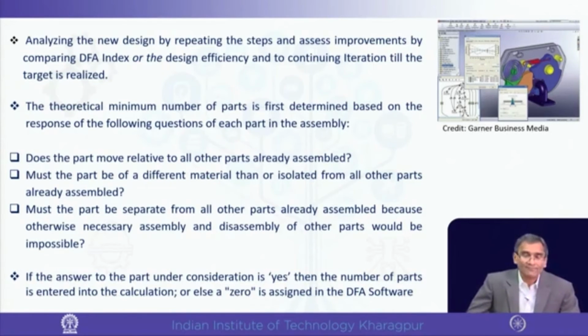That is one consideration. Second, if the material is not the same, then it has to be two different parts. If something is made of aluminum and something made of steel, then it cannot be one part. And third, if for maintenance or repair purposes they are to be separated, then they cannot be one part. Other than that, the rest are all candidates for consideration as a single part.